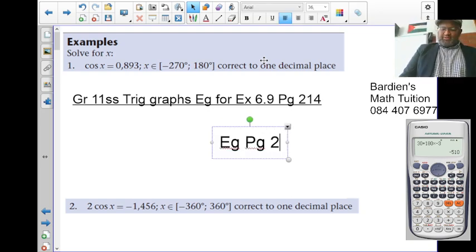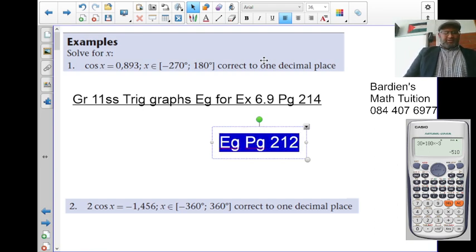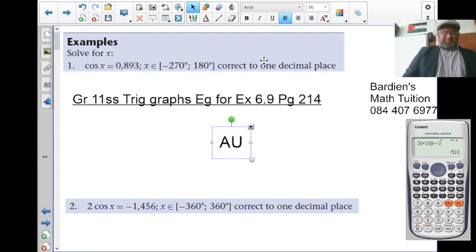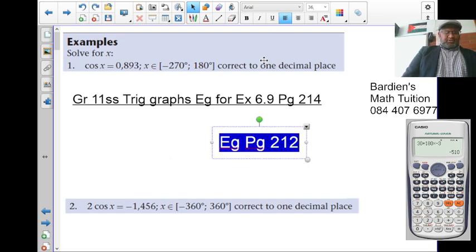Sample page 212. Sorry? No, but it starts at 2.12. Not so? So you'll see me always start with where I write the page reference for the page it starts.